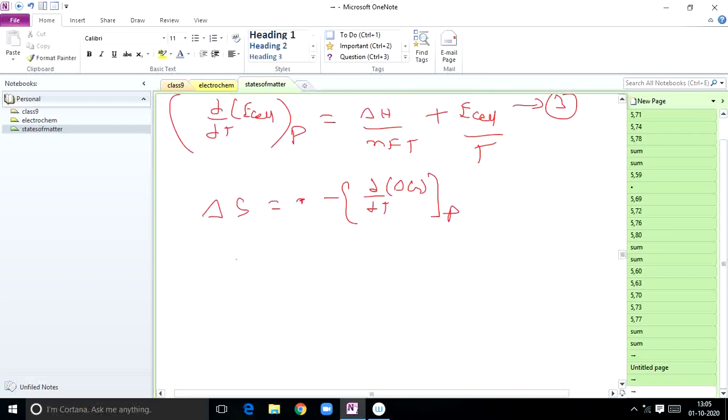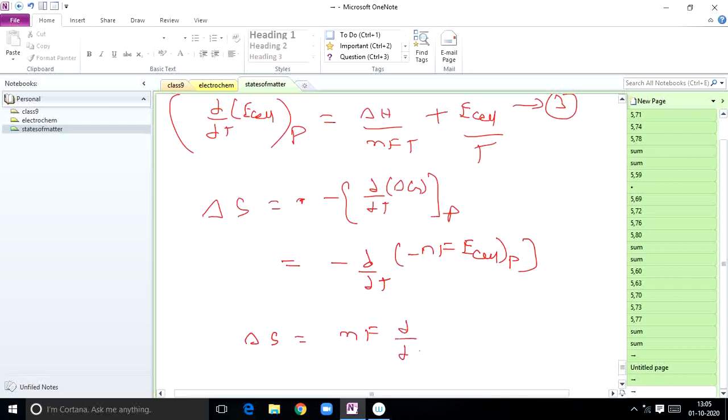You have to practice from thermodynamics. So that is equal to minus ∂ by ∂T of minus nF E cell at constant pressure. This is also important. Finally, delta S is equal to nF into ∂ by ∂T of E cell at constant pressure.